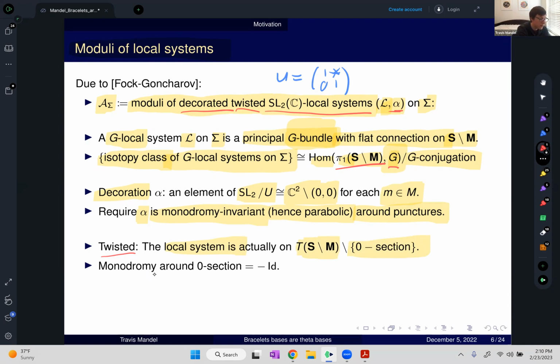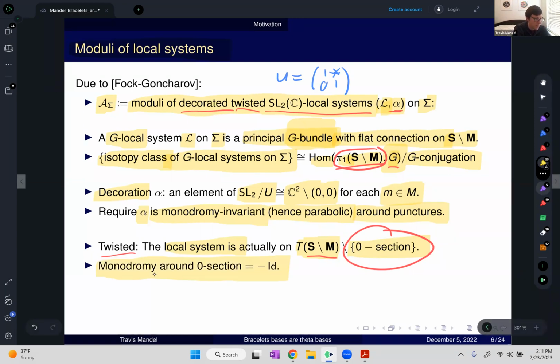Instead of only looking at the fundamental group of the surface, we get one more generator for the fundamental group: the loop around the 0 section. We've removed this. So topologically, this is the same as the surface minus M times a circle, S1. So we could work with that instead. And then we require that the monodromy around that zero section is negative the identity. Okay, and that's what makes this twisted.